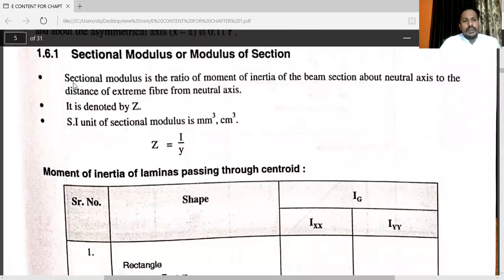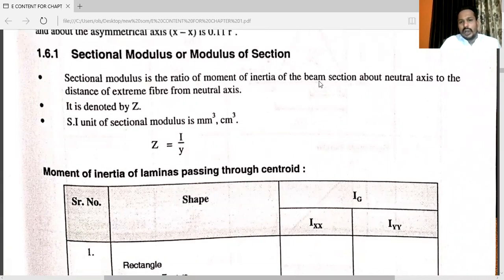Again I am repeating this statement. Section modulus is the ratio of moment of inertia of the beam section about the neutral axis to the distance of the extreme fiber from the neutral axis. It is denoted by capital letter Z. The SI unit is mm cube or centimeter cube; if the distance is in meters, then meter cube.